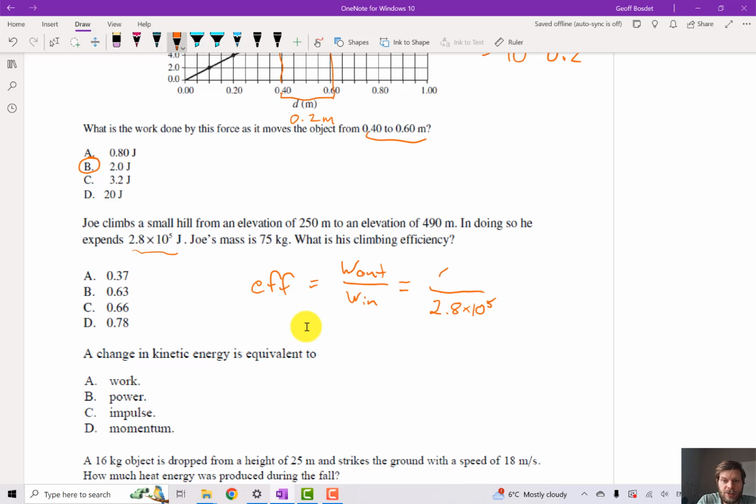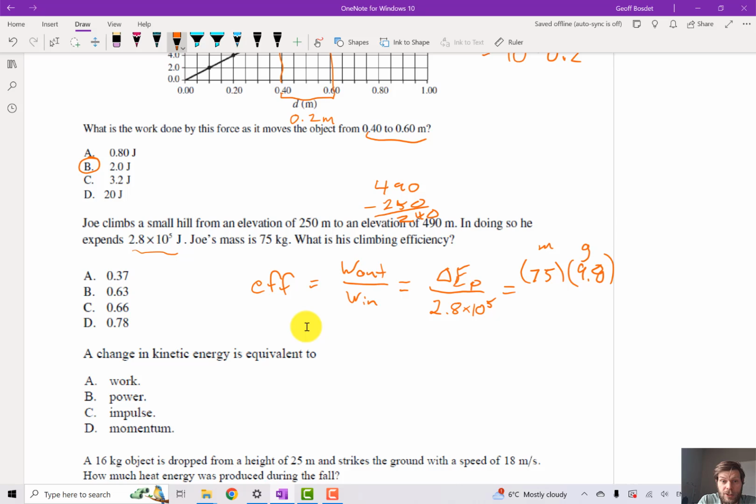Work out is his change in EP, which is equal to just mg times your change in height. 490 minus 250 is just equal to 240. So we've got his mass, 75 for m, 9.8 for g.